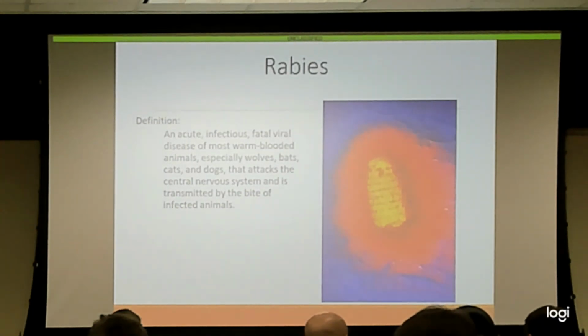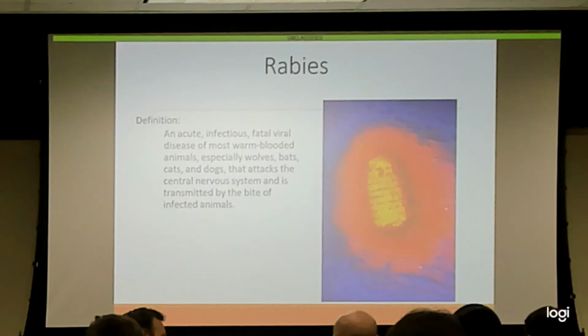This is 1804. It wasn't until 1882 that someone actually started doing something about it. If you remember Louis Pasteur, the dude who made pasteurization so that we can make beer, that guy started working on this.